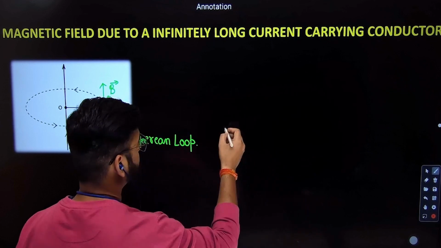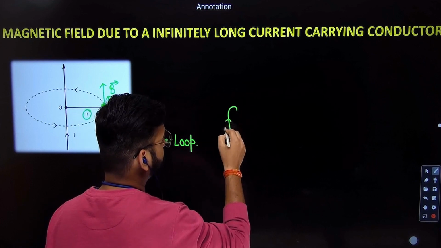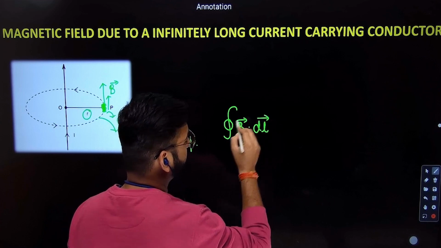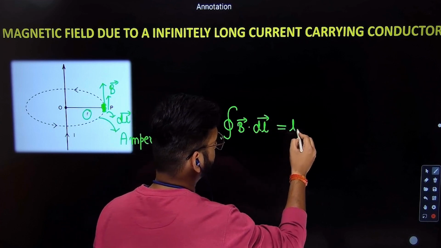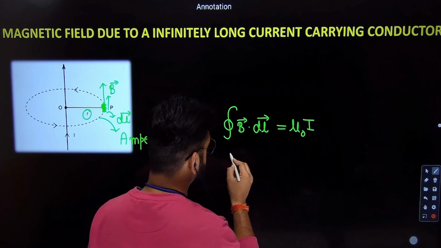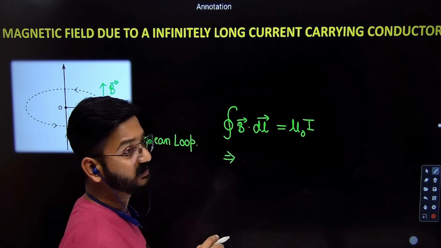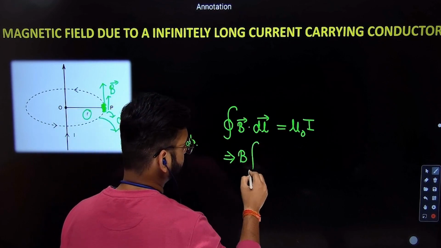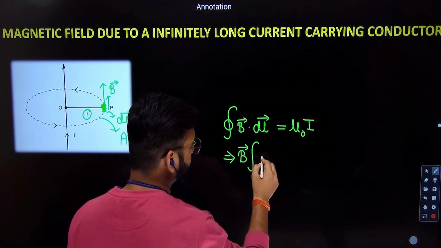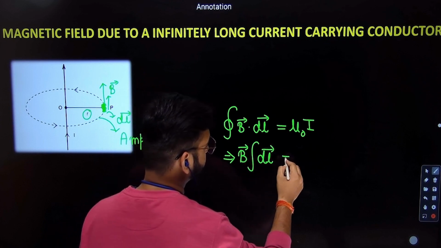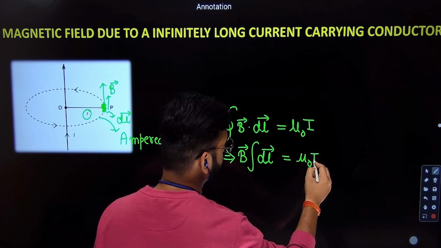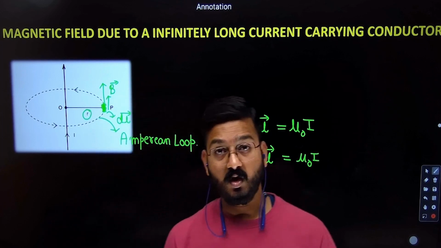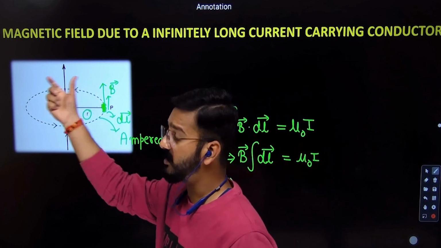So if I write down the Ampere Circuital law, line integral of B dot dl is equal to mu naught times the current enclosed. As the magnetic field is uniform, you can move the magnetic field outside the integration. So it will be B times integral of dl, equal to mu naught I. Now, what is the integration of dl? dl means small part of this loop.